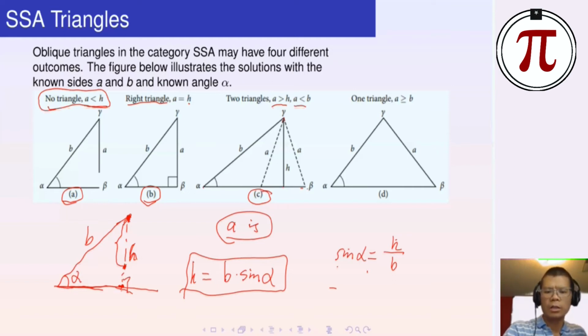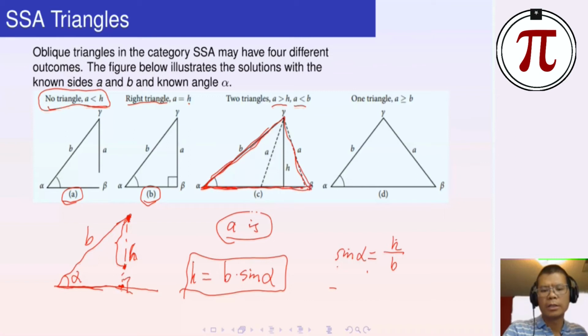So maybe it's this triangle, right? Or it might be this triangle.